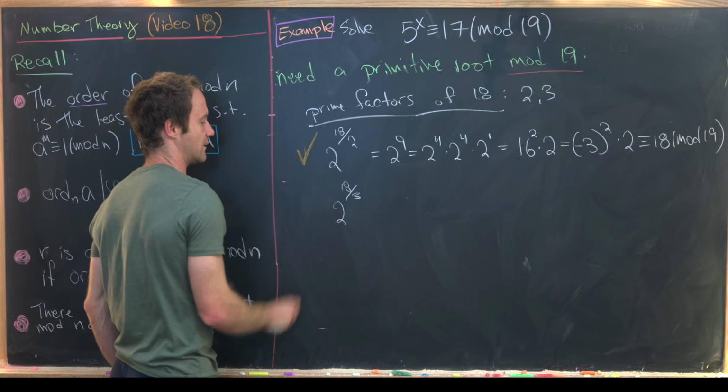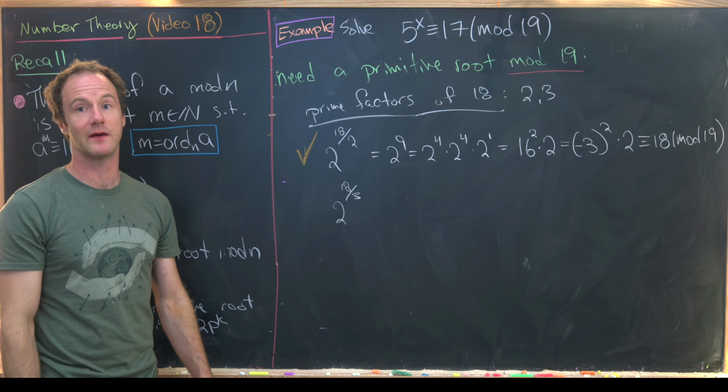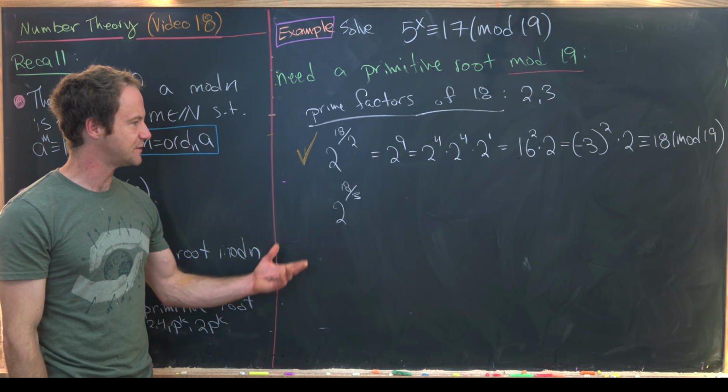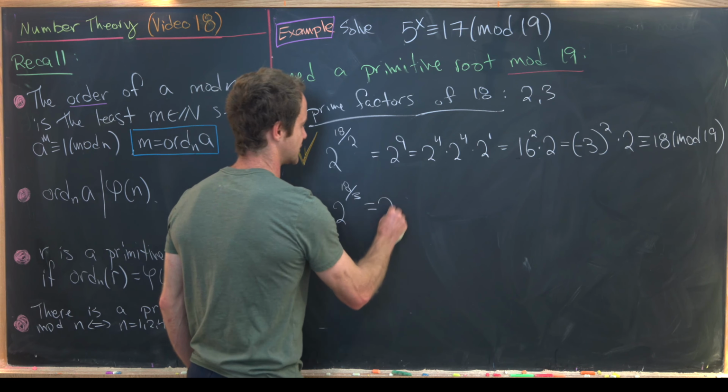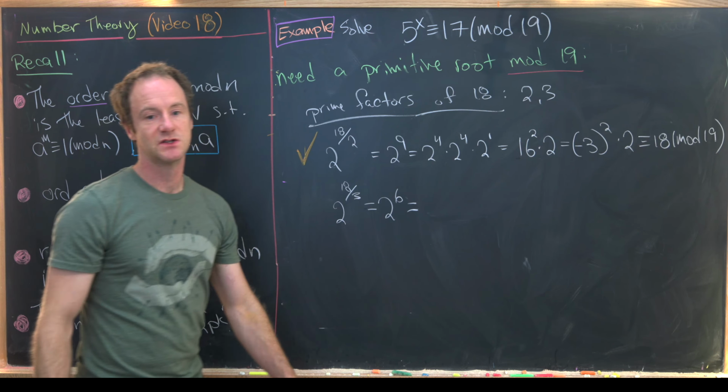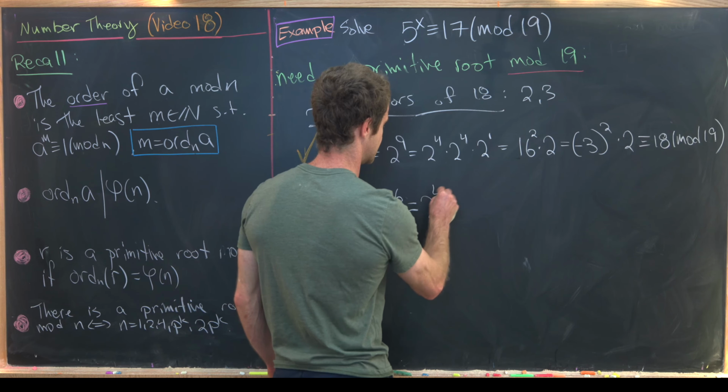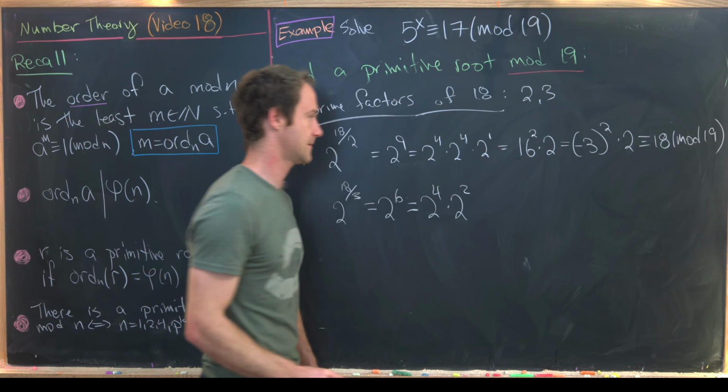This test worked out. Now we just have to do this test with the prime divisor of 3. That should be easier because 18 over 3 is a little bit smaller. Notice that gives us 2 to the 6. 2 to the 6 is equal to 2 to the 4 times 2 squared.